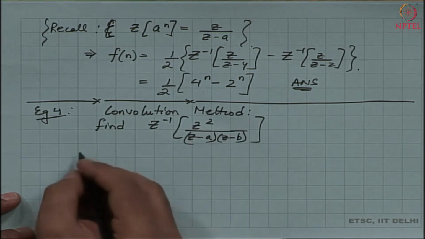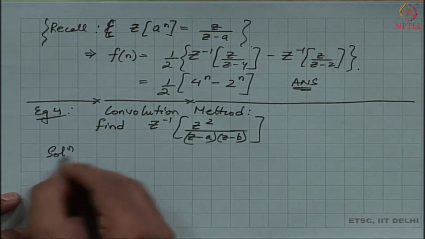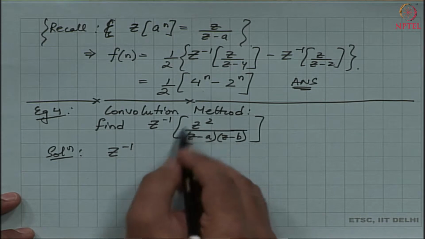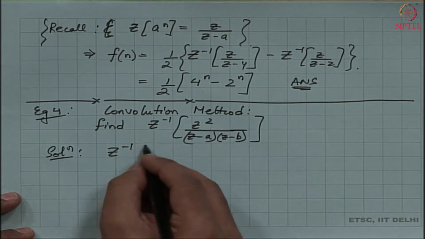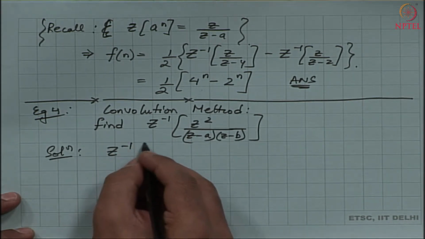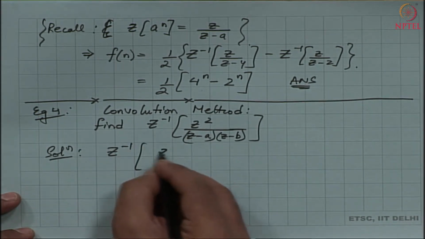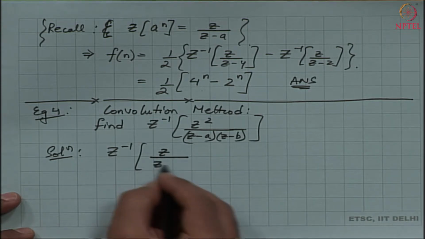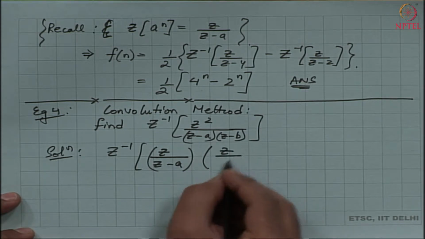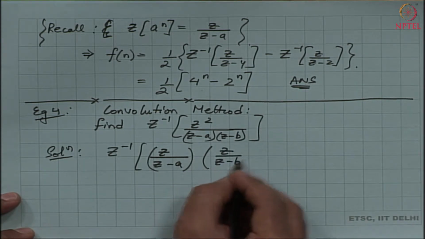Notice that I can write the quantity inside this whole rational function as follows. This is also equal to the inverse z transform of z by z minus a times z by z minus b.